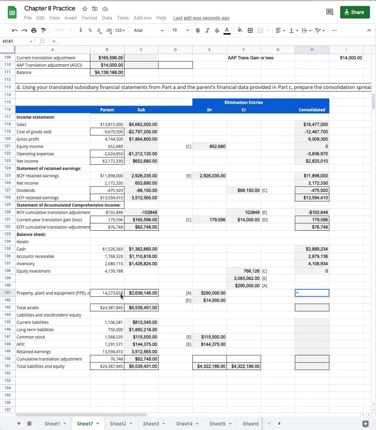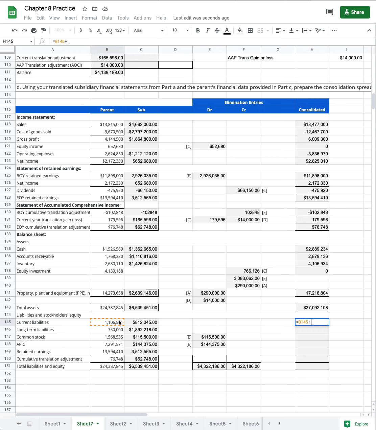Same thing with the plant and property and equipment. We have 2 rows that we need to add in. So just be careful that you don't actually go straight across and forget the one below it. Then we're down to total assets. We can do a sum for 27,092,108.